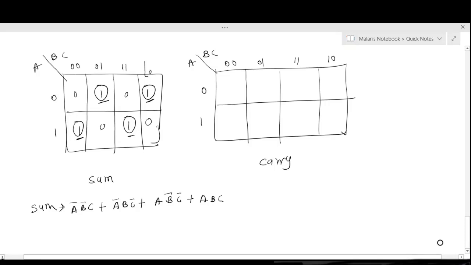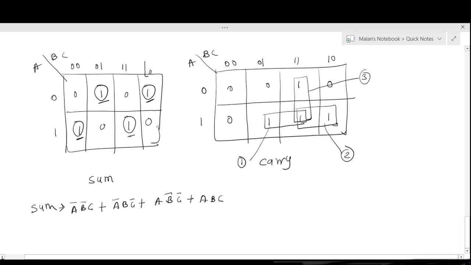Now we'll find the expression for the carry. For the carry, the cells with ones are four, and the remaining cells are 0. Now we'll try for a quad. A quad is not possible. Then we'll try for pairs. This can be my first pair, this can be my second pair, and the third pair. This is group number 1, group number 2 and group number 3.